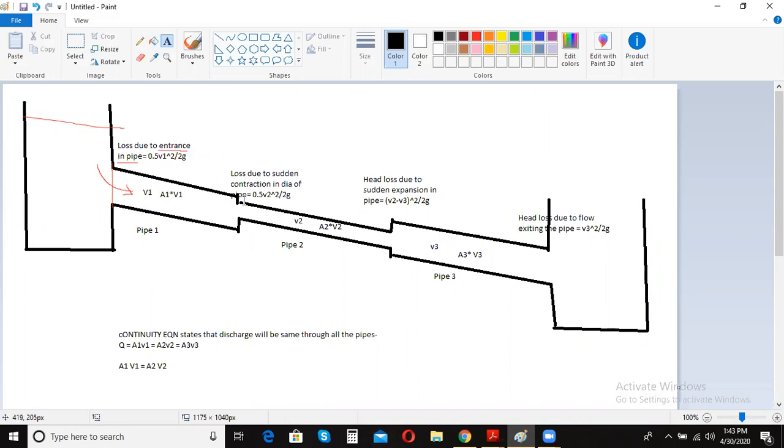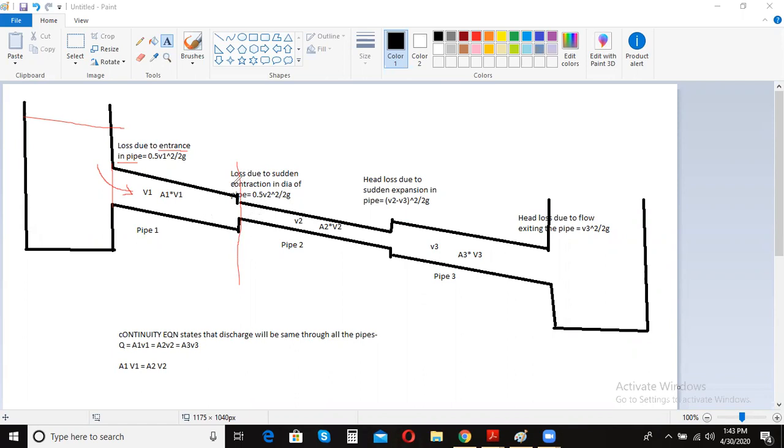Now, at this section, what happens? You can see that there is a sudden decrease in the diameter of the pipe, a sudden contraction, and hence due to this, another amount of head loss will take place.